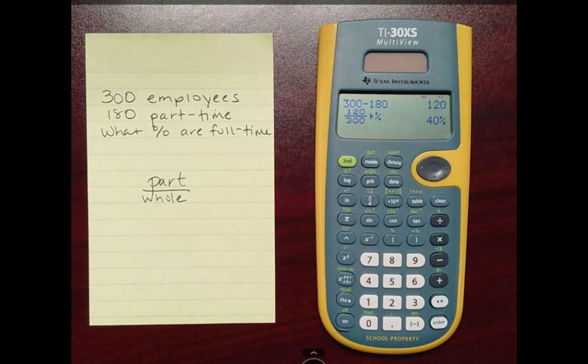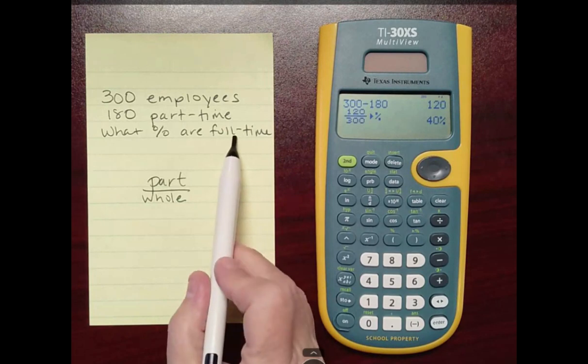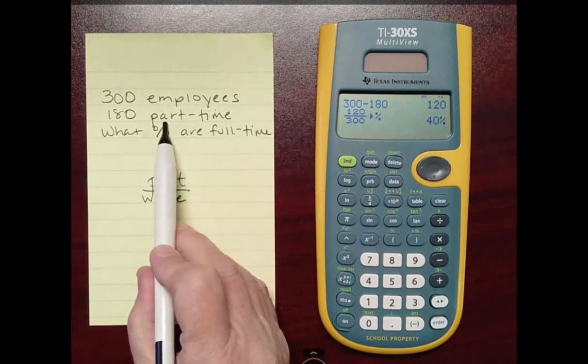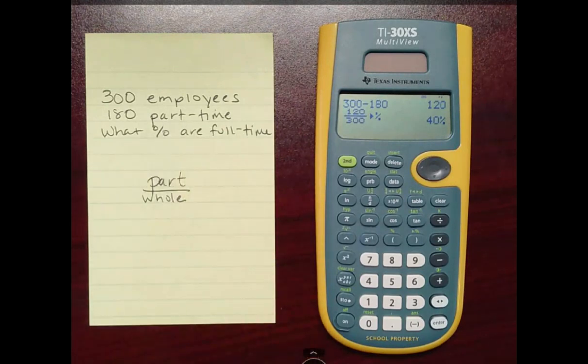Now, how many are part-time? Well, since percents are always based on 100, if 40% are full-time, that would mean 60% are part-time. I could figure that out two different ways. You could put 180 over 300, or you can just subtract from 100. But you have to read the question carefully to make sure that you are giving the answer that actually answers the question they are asking.